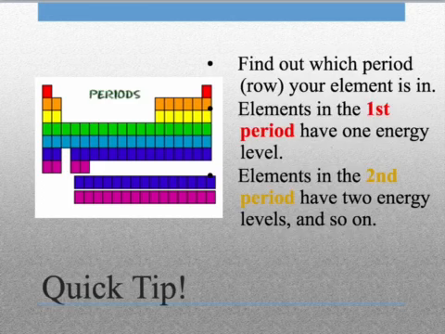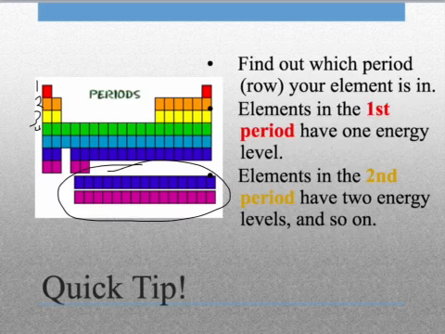If I go down a row to the second period, so lithium and beryllium all the way through fluorine and neon, those are going to have 2 energy shells, and so on and so on. So this would have 1, 2, 3, 4, all the way down. The only exception are these elements here. If you were to draw those, they don't really fit that rule. But it will help you draw anything in rows 1 through 5.